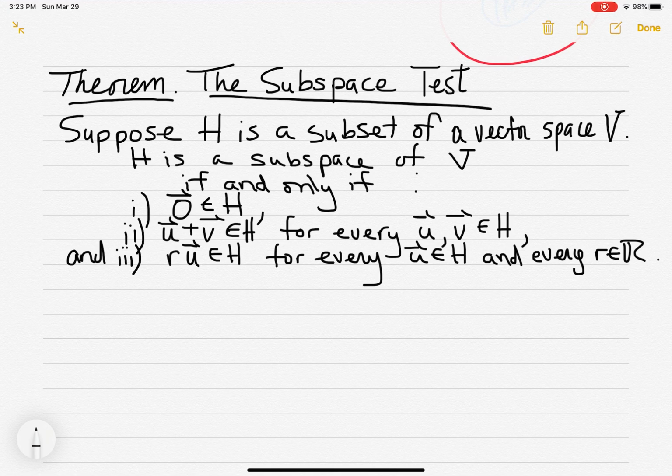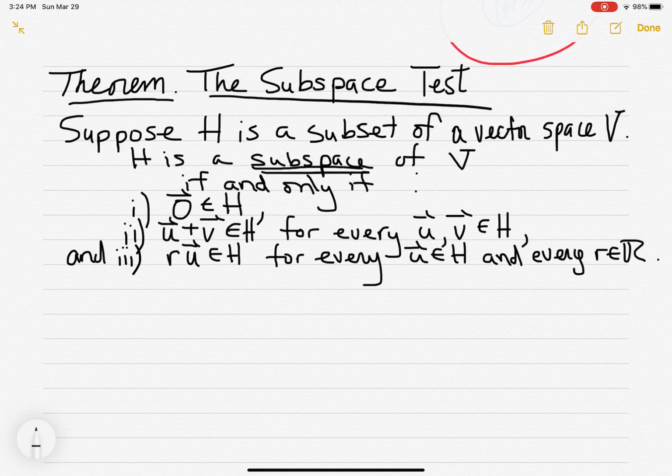What this one is saying is if I take any scalar times any vector u in H, then ru, the scalar times the vector, must be in H as well. So basically we have 3 properties that you need to satisfy in order for H to be a subspace of a real vector space.